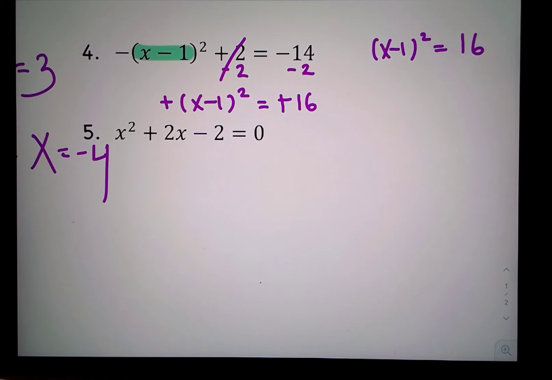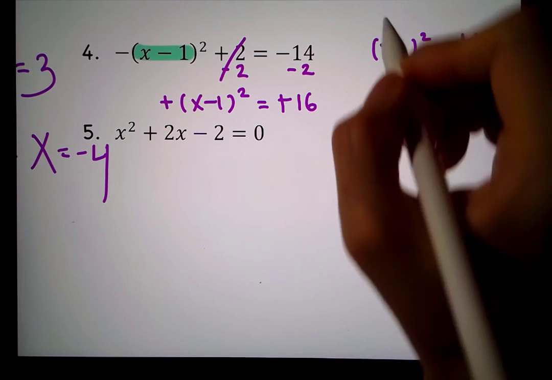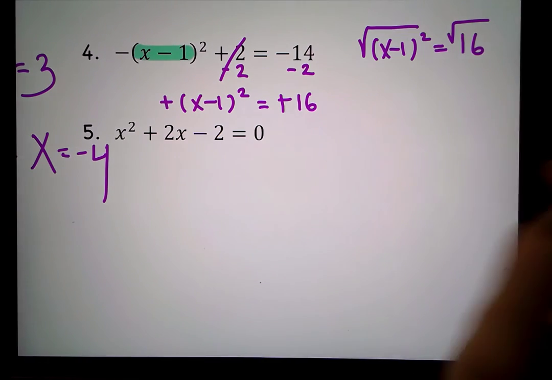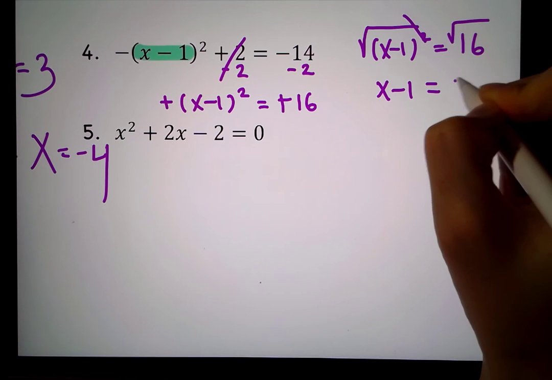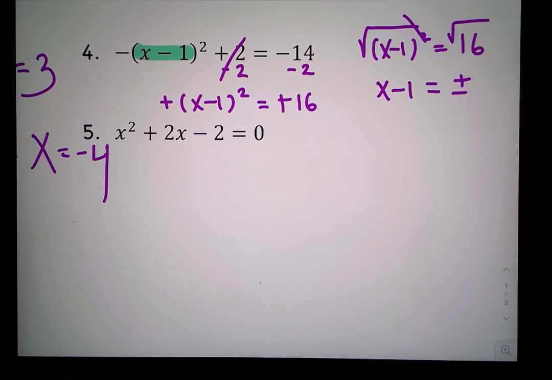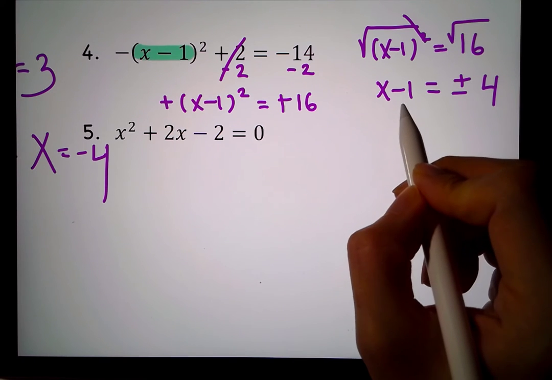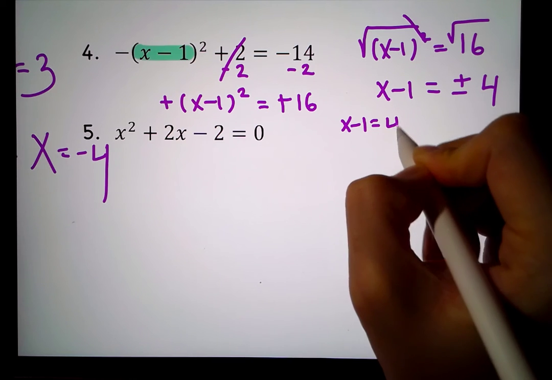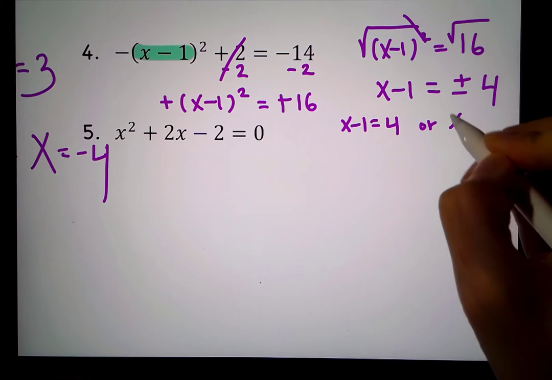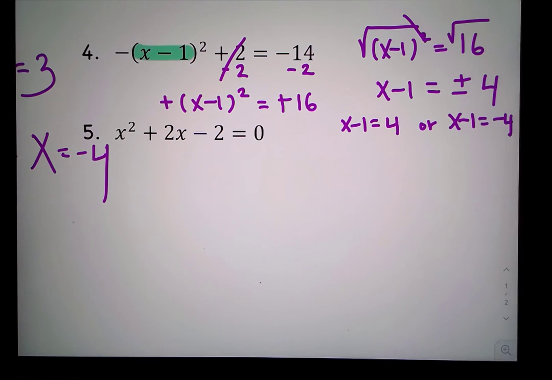And now you have a square and a number on the other side, so we can take the square root. Take the square root like that, cancel, you get x minus 1 equals plus or minus, what's the square root of 16? 4, right? So you get plus or minus 4, and you still have something over here, so I'm going to break it. x minus 1 equals 4, or x minus 1 equals negative 4, right?